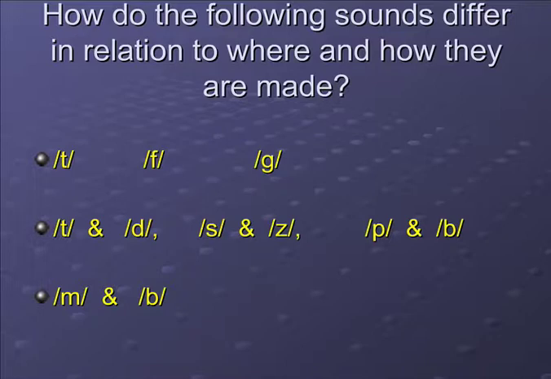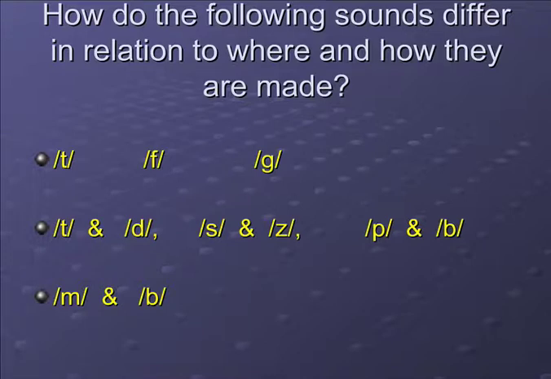How about the following sounds? How do they differ in relation to where and how they are made? How about t, f, and g? They're made in different places in the mouth. T is your tongue touching the space just behind your teeth in an area known as the alveolar ridge. And f is a labiodental.